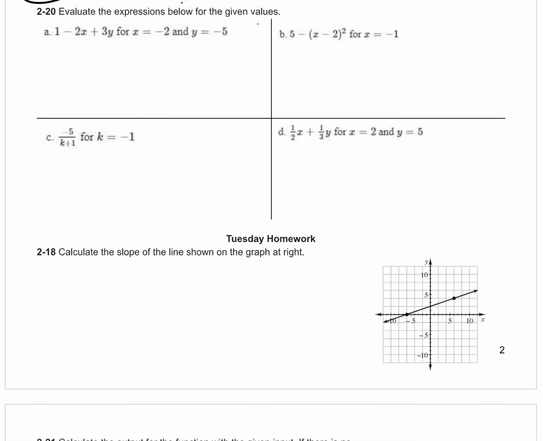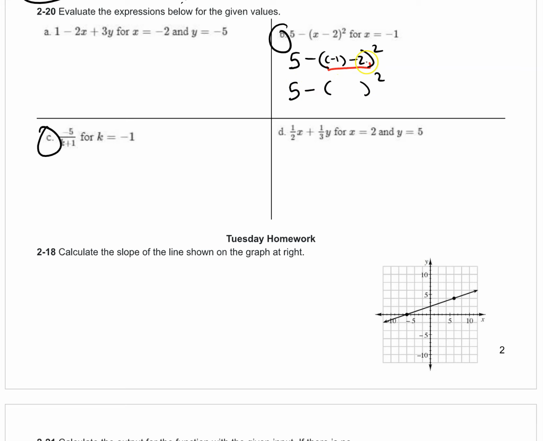2-20. Evaluate the expressions below for the given values. So we have, let's do B, and then let's go over to C. Okay, so 5 minus x is -1. -1 subtract 2, square that, and then 5 minus that. So we go inside the parentheses first, and we do 5 minus something squared.